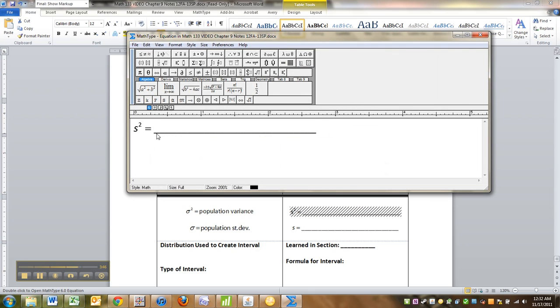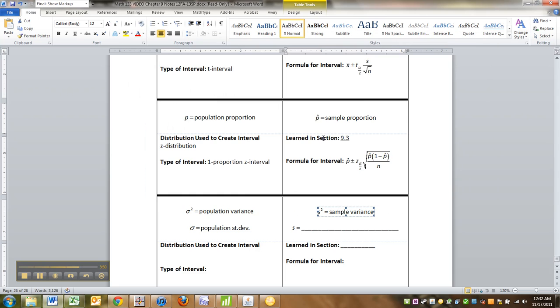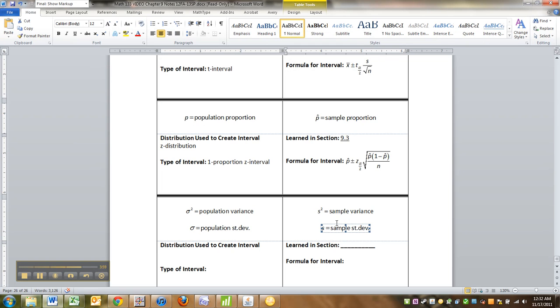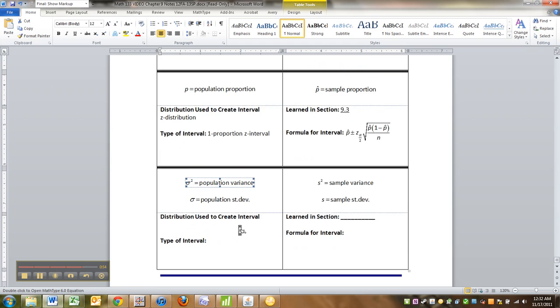You'll have s squared, which is the sample variance, and s, which is the sample standard deviation. These are your best guesses, your point estimates. s guesses at sigma, and s squared guesses at sigma squared, respectively.